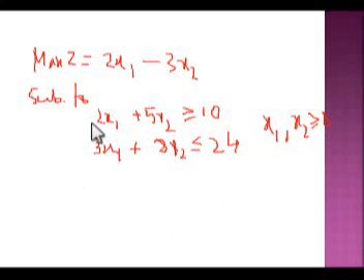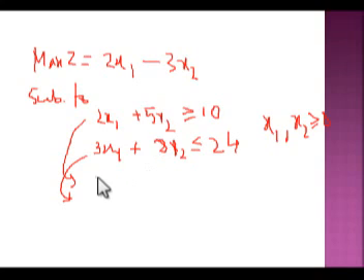Now we have to transform it first into equations. Both are constraints, one greater than or equal to and one less than or equal to. For the greater than or equal to constraint, we will use a surplus variable, which minimizes the left hand side. The left hand side is greater than the right hand side, so we use a surplus variable.